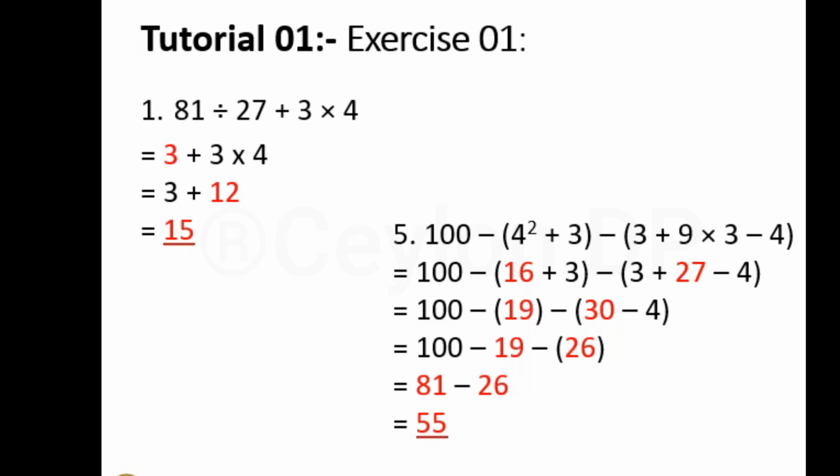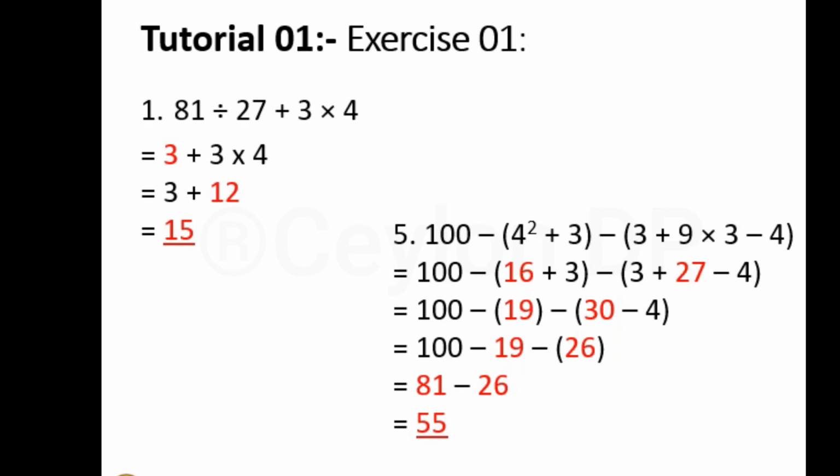And question number 5 also I have done based on this format. 100 minus within bracket 4 power 2 plus 3 minus within brackets 3 plus 9 multiplied by 3 minus 4.